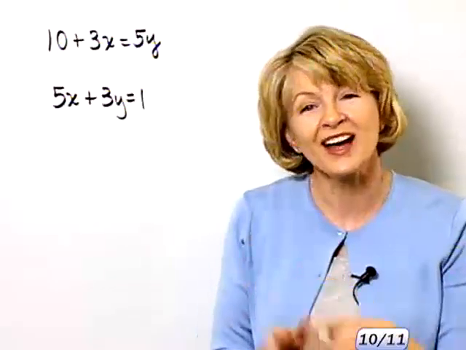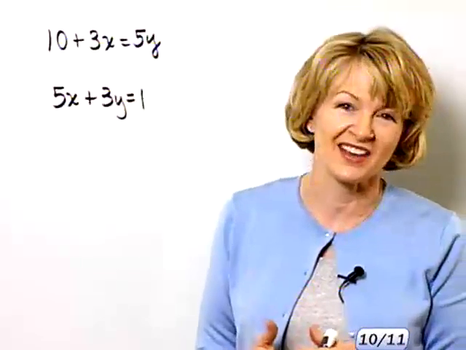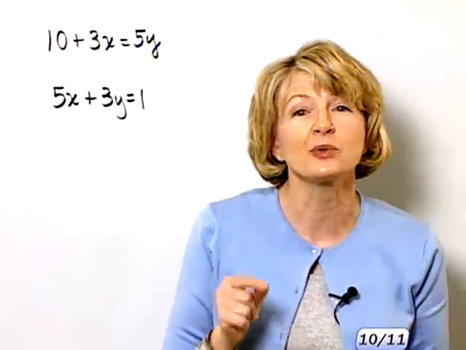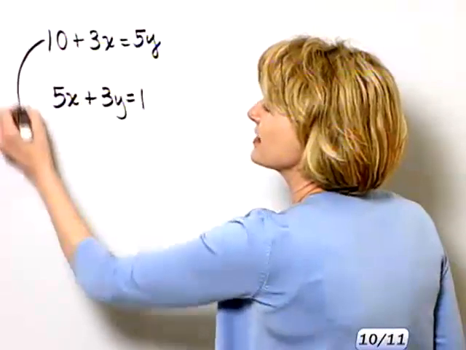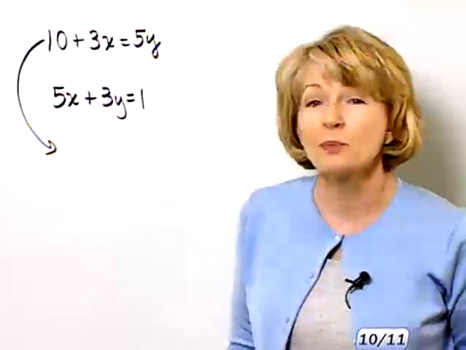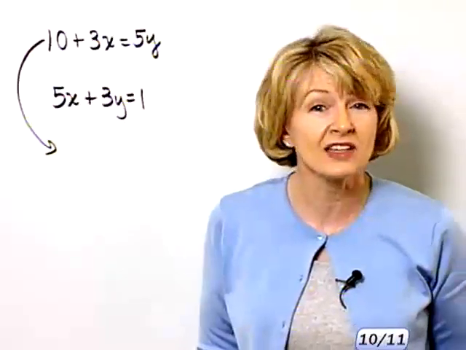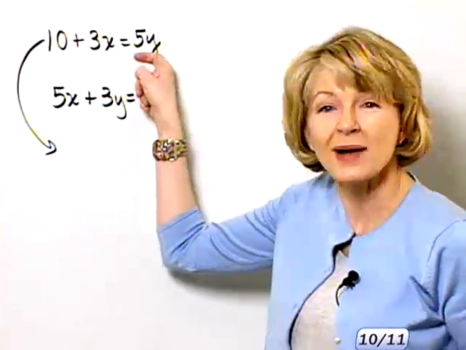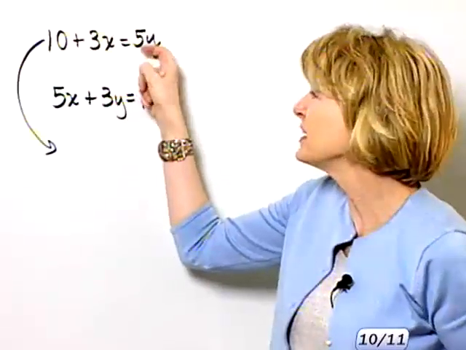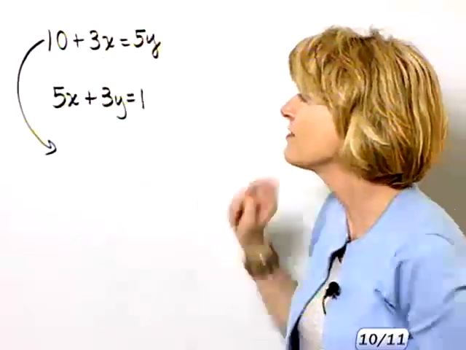Are they parallel lines, perpendicular lines, or neither? To see, we need to write each in the slope-intercept form. So I'll take this line and I'll write it in slope-intercept form by solving it for y. Now notice I have 5y by itself, so I simply need to divide through by 5.